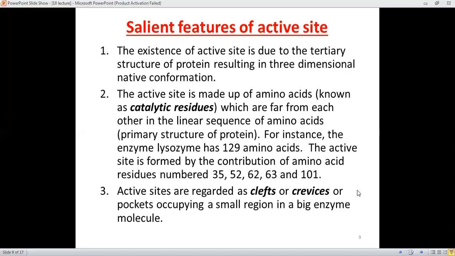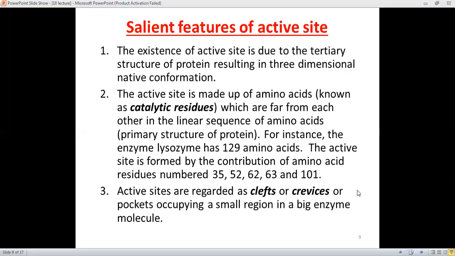For example, one example is quoted over here, the enzyme lysozyme. It has 129 amino acids, and the active site is formed by the contribution of amino acids numbered 35, 52, 62, 63, and 101.